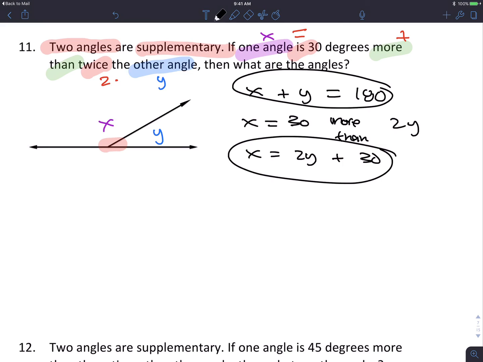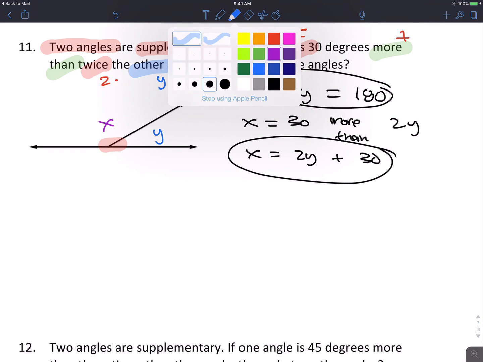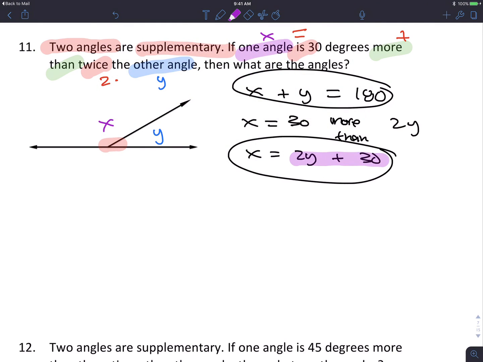So we're going to plug this in. Going to use the substitution method here. Remember, x is 2y plus 30. It goes in here. Let's look at the equation we get. 2y plus 30 plus y is 180.